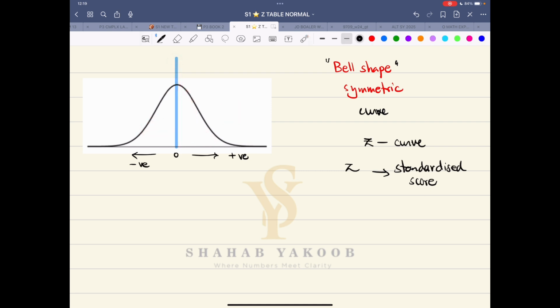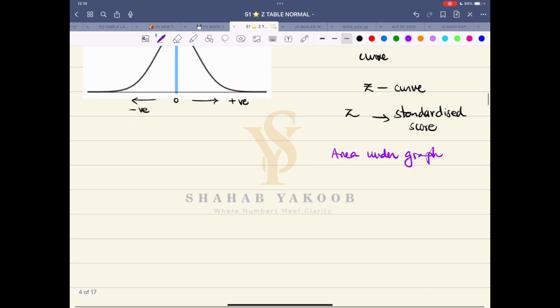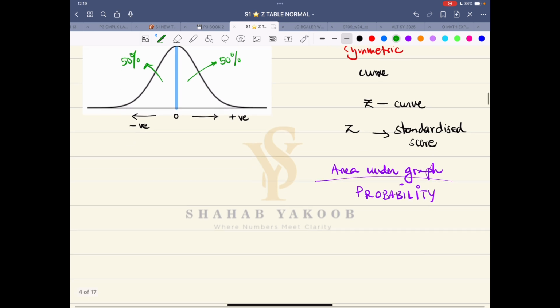In other words, if we talk about area under the graph, and we will just limit ourselves to the syllabus, area under the graph represents probability. And we know that the total probability is 1. That means 50% of the area under the graph lies on the right, 50% lies to the left.